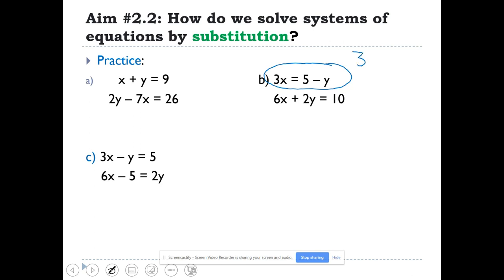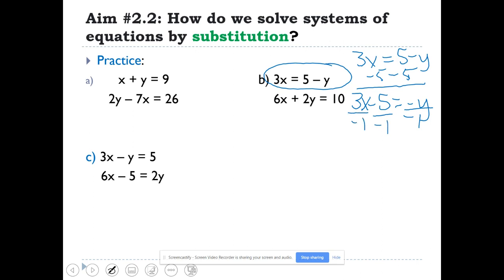I'll start that by subtracting 5 from both sides. So 3x minus 5 is equal to negative y. Remember, y is not alone. We have to divide by that negative 1 every single thing. So negative 3x plus 5 is equal to y.